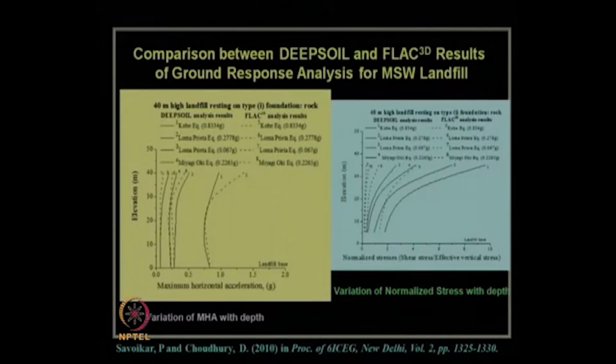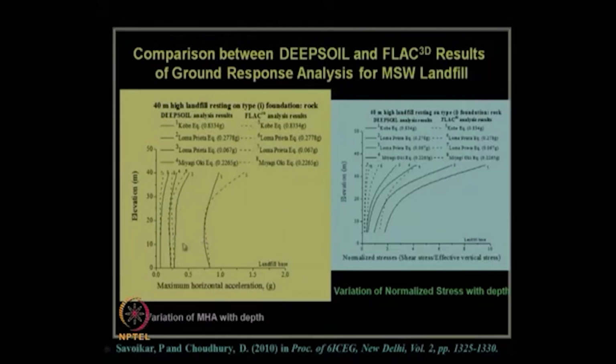Now, this slide shows the comparison between the results obtained by using 2 different softwares. As I have mentioned, one is deep soil, another is FLAC 3D. One can see here easily these solid lines show the results obtained from deep soil analysis, and the dotted lines show the results obtained from the FLAC 3D analysis.